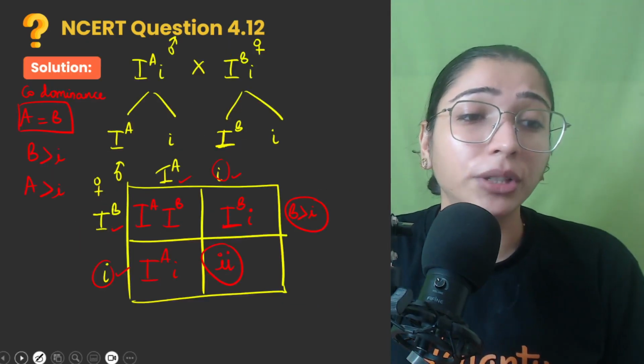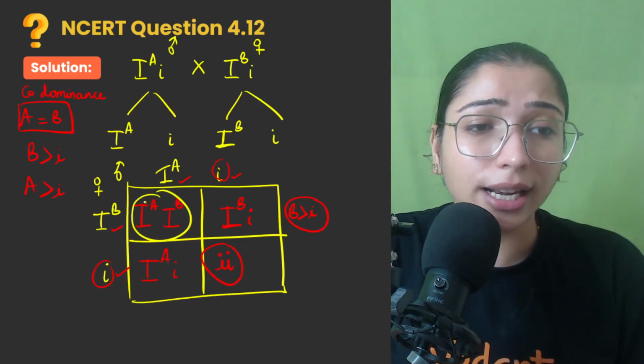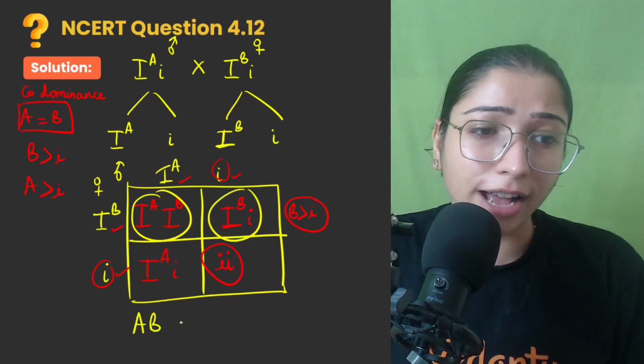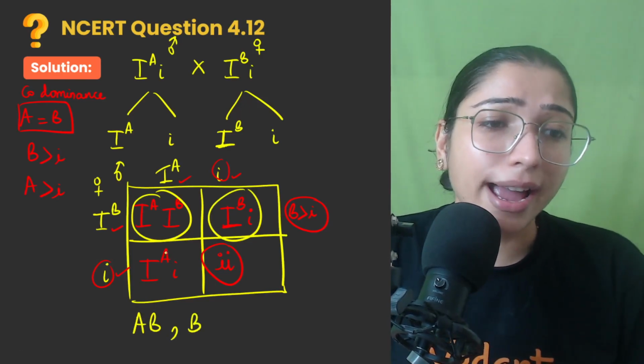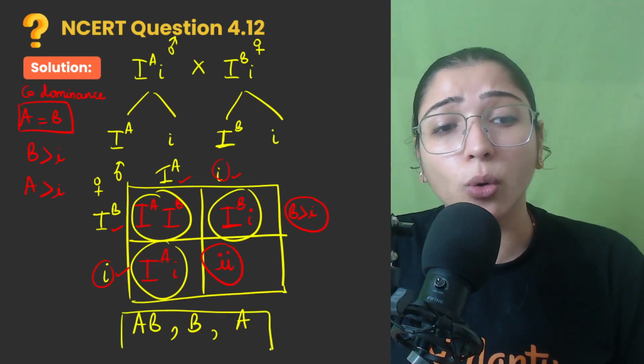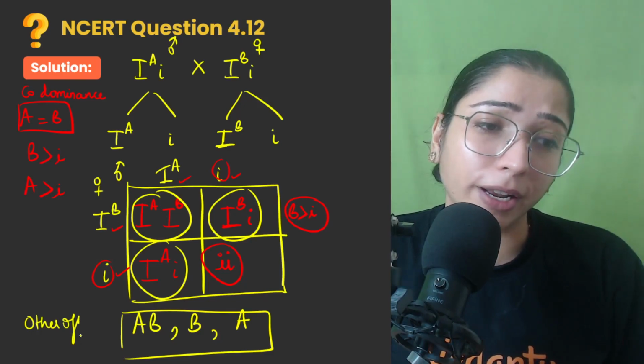And if I talk about the genotypes of the other offsprings obtained, तो हमें clearly नज़र आ रहा है other offsprings will either have AB blood group or they will have B blood group and they may also have A blood group other than O, right? So this is the genotype of other offsprings.